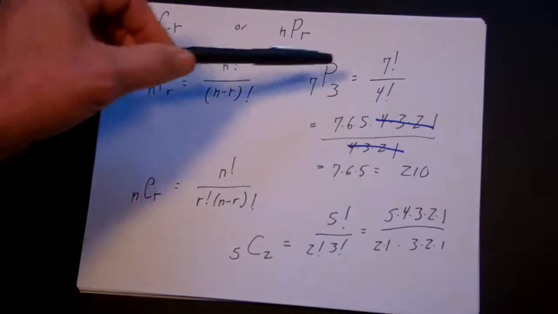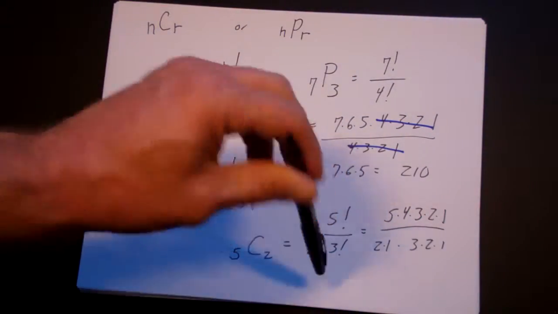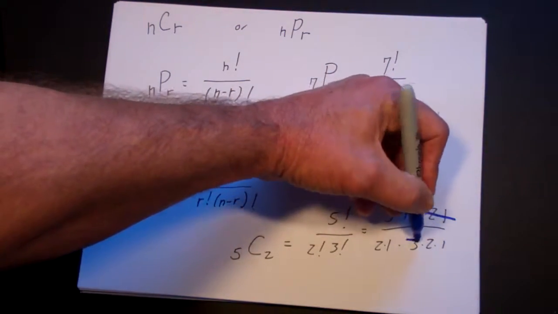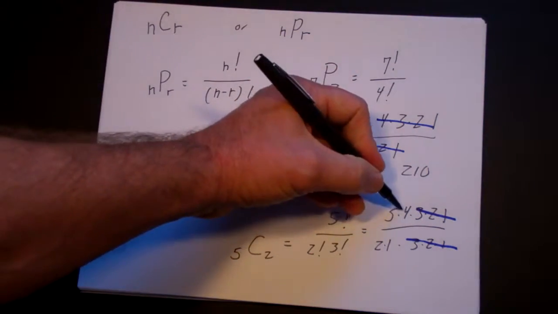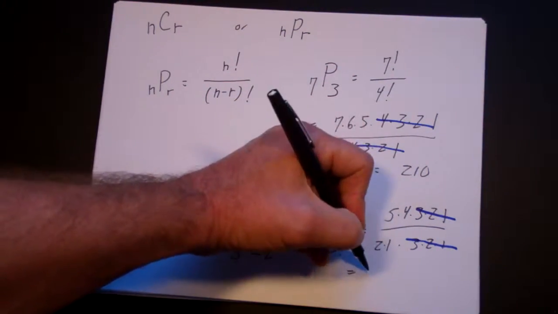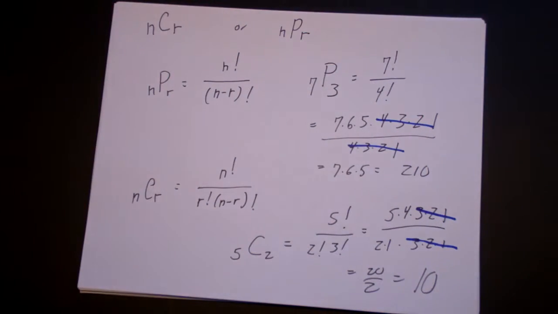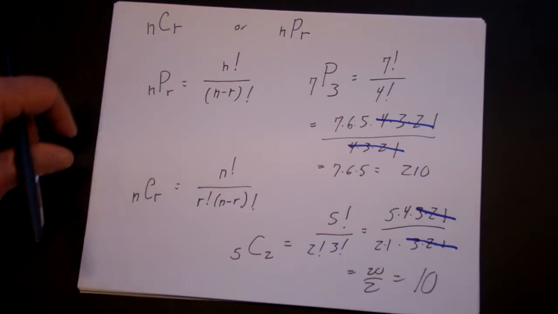So it's exactly the same as nPr, except you have an additional term here. You can still cancel: the 3 with the 3, the 2 with the 2, and the 1 with the 1. You end up with 5 times 4 over 2 times 1, which is 20 over 2, or 10. And if you notice, nCr will always be less than nPr.